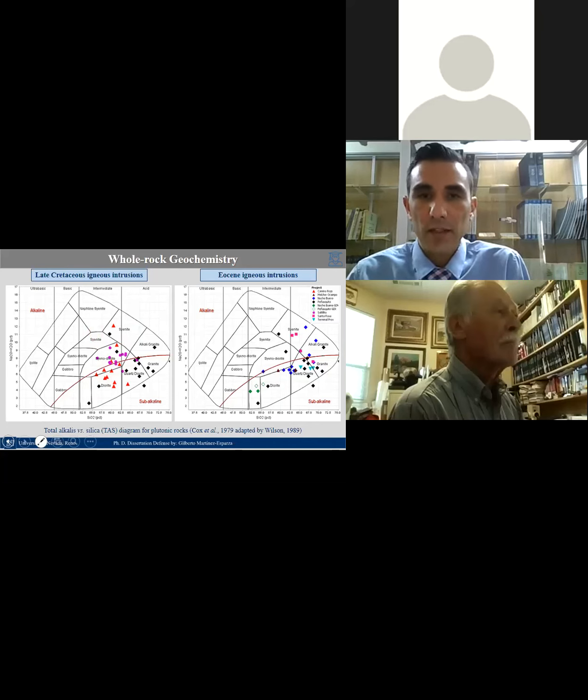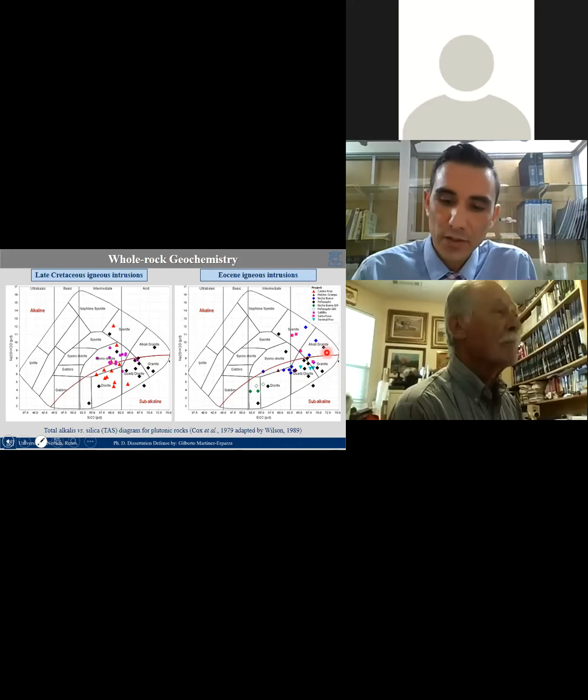This as well in the Eocene intrusions can be related with the hydrothermal alteration, which is adding some potassium to the original composition of the rocks. The same thing for some of the Peñasquito samples, which are highly rich in silicate. So one of these, or possibly most of these samples, are hydrothermally altered.